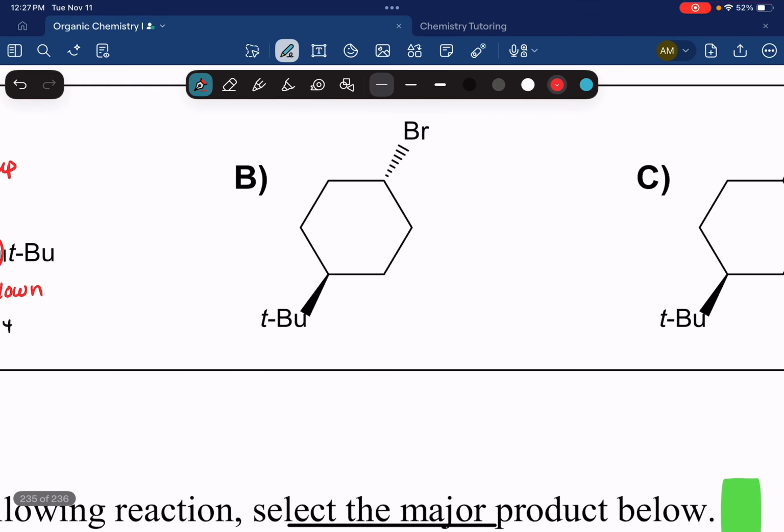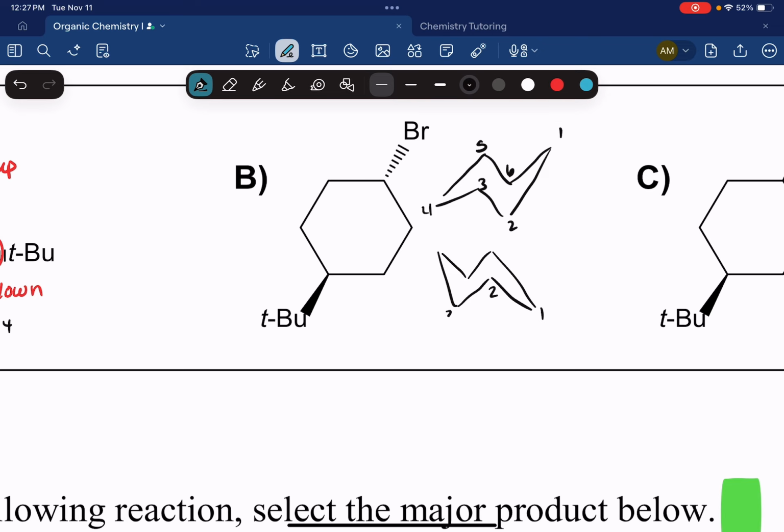Let's look at this one. We got 1, 2, 3, 4, 5, 6. Okay, bromine, we said dashed was down, down, down. 4, bold was up.